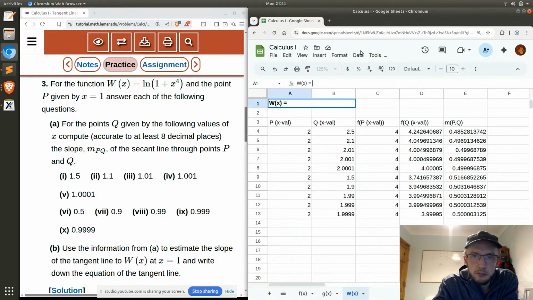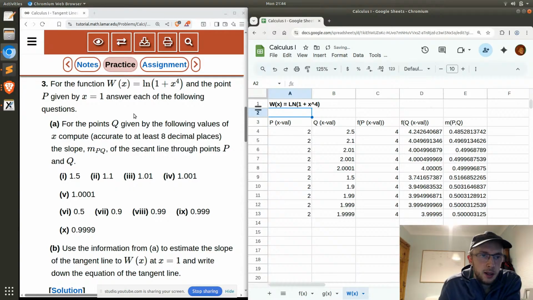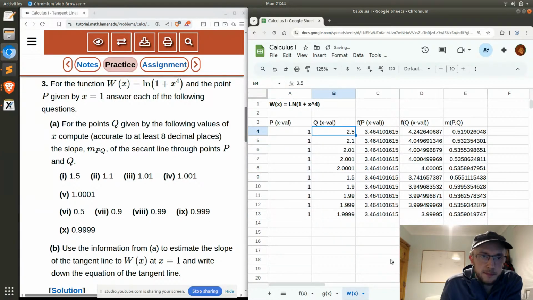Fine, ln. Okay, it's as I thought. Oh, right, of course, because I'm not in formula mode, so it's not going to bring up suggestions, is it? Okay. This time, the p-value is given by 1. And that's throughout.